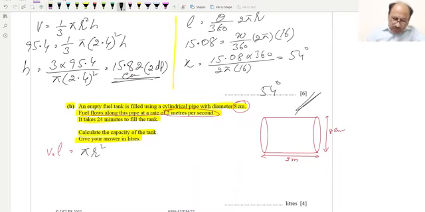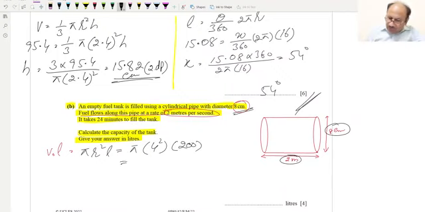Pi r squared and length h. This is the cylindrical portion, so pi, and r is half of the diameter, so it will be 4 squared, and the length is 2 meters. We will write it in centimeters, so it will be 200 centimeters.